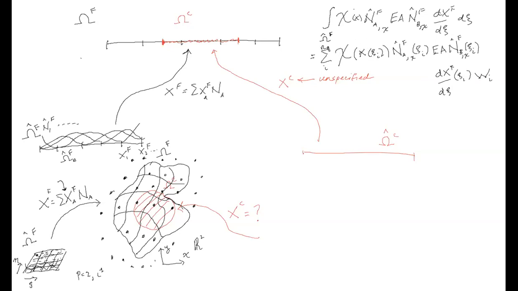Let's say that we take a point here, and it maps to right here. If that's your point, then the answer is yes, right? So this evaluates to a 1, and then we have to evaluate the rest of the integral.